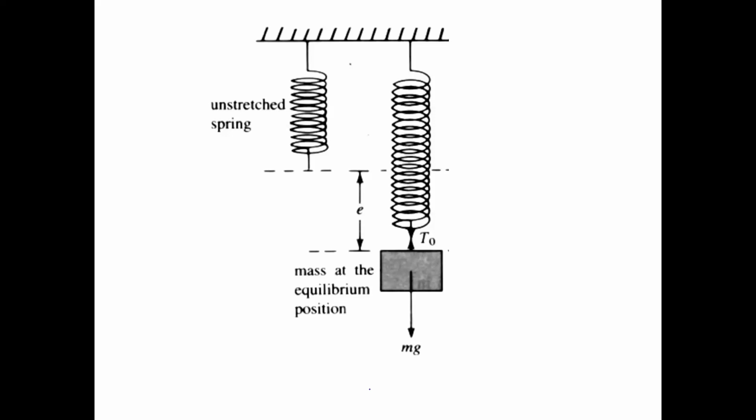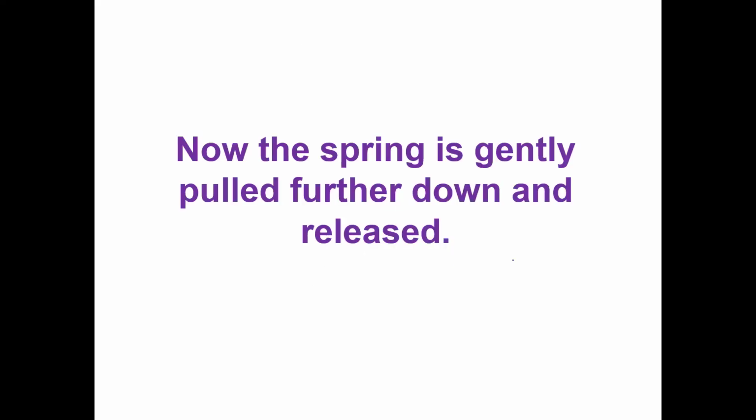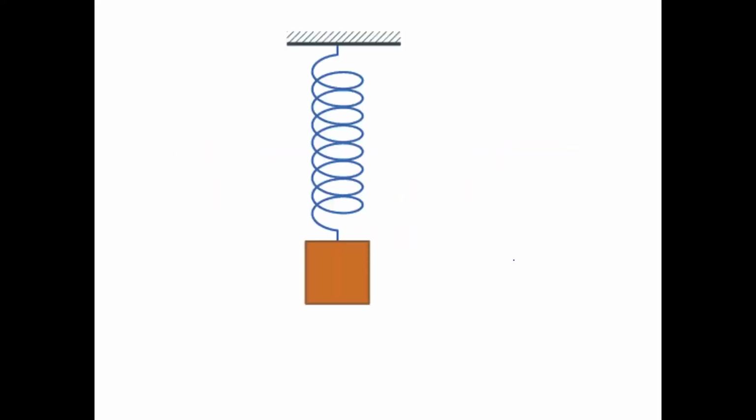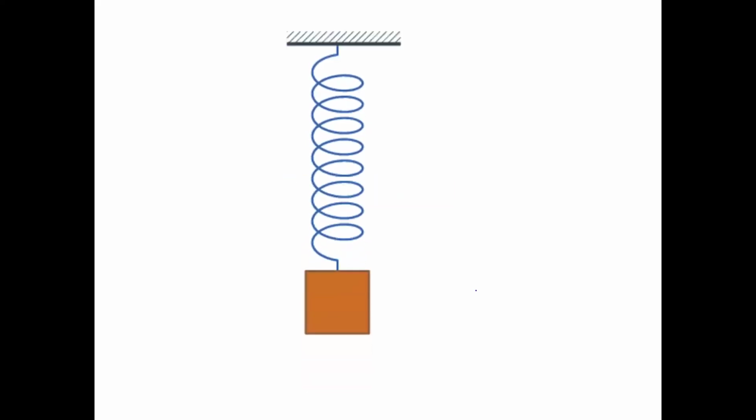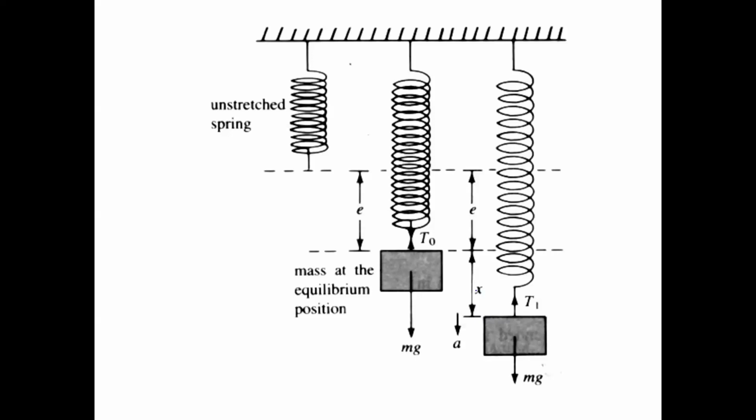It will oscillate back and forth, up and down. Now the spring is gently pulled further down and released. So it will be following this type of oscillation.